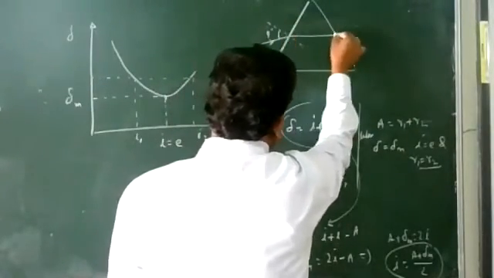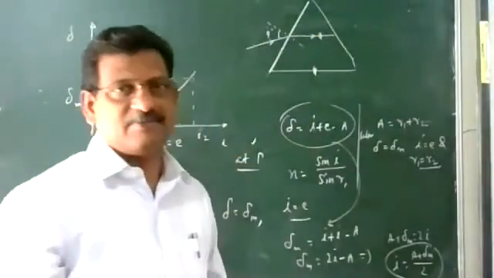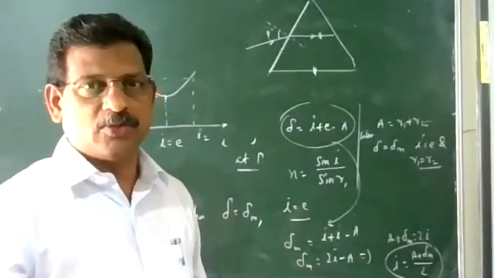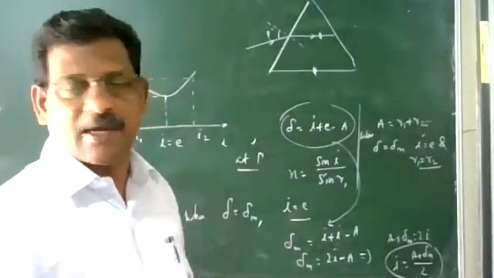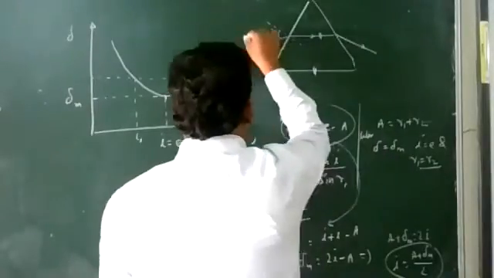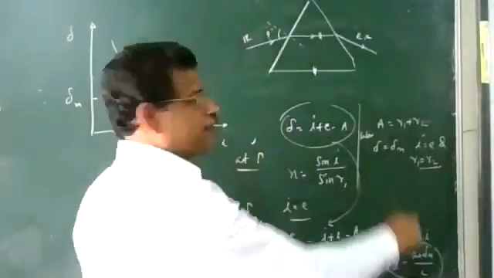So the refracted ray will be exactly parallel to the base, and the incident ray and the emergent ray are equally inclined to the refracting surface.